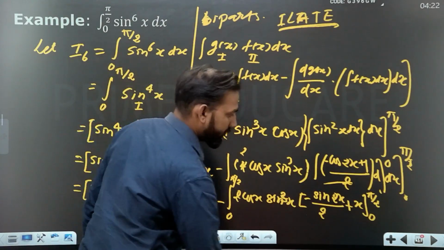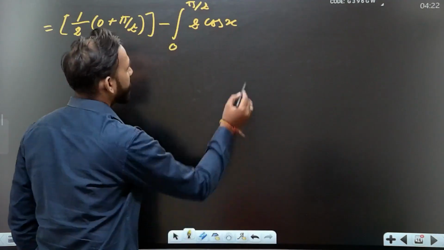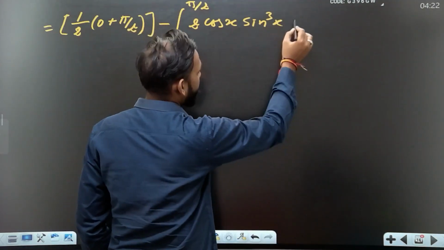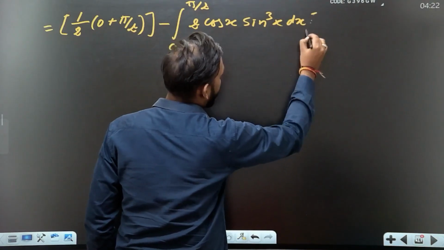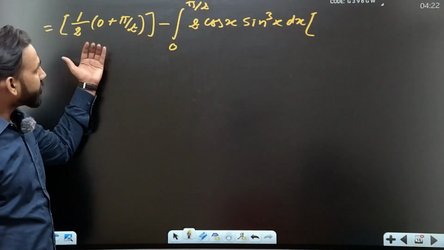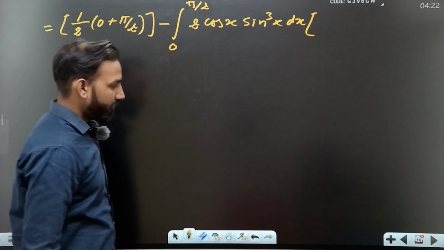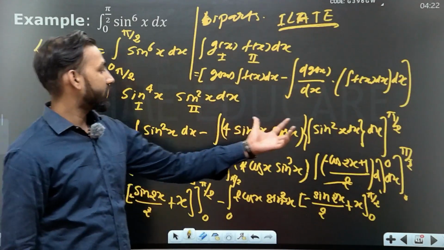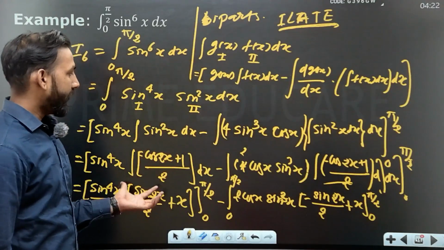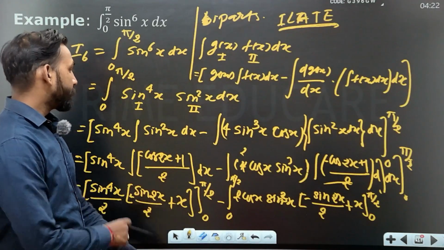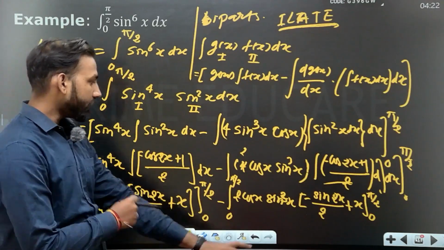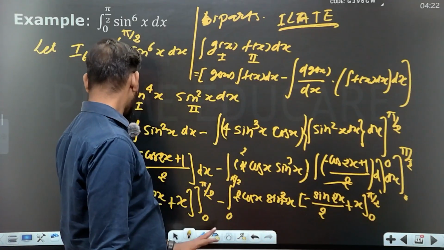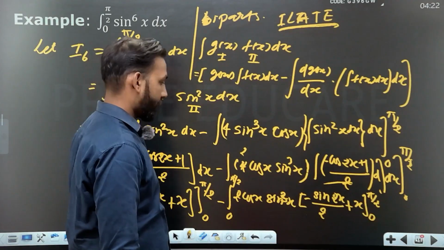Okay, this is sine cube and dx, and remaining part is same as this. Yes or no? Because the integration of this thing is also same, right? Yes or no? Now, if we put pi by 2 over here, okay, we do not put the 0.